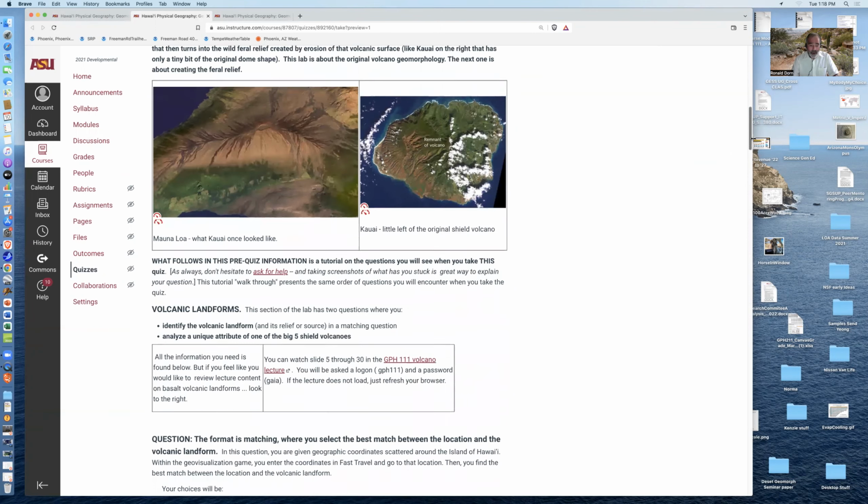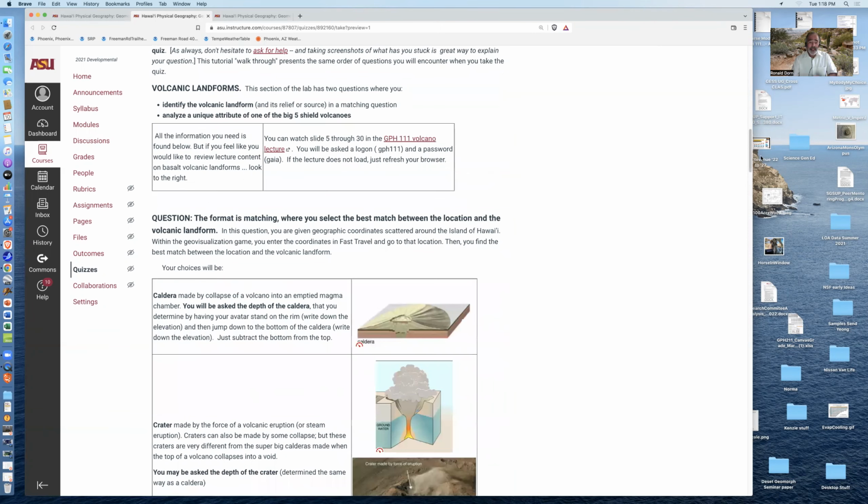The basic information on volcanic landforms is provided in this lab, but I also provide a link to my GPH 111 lecture about volcanic landforms associated with the rock type basalt.